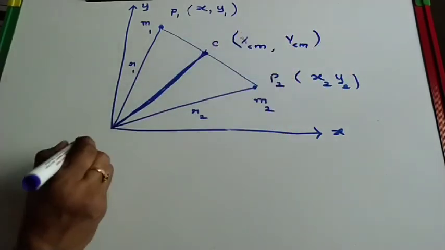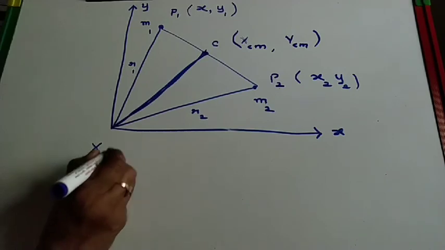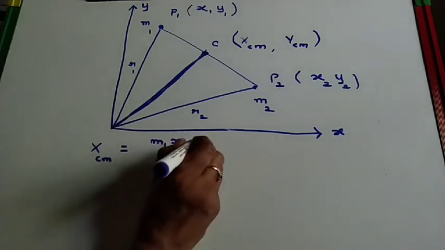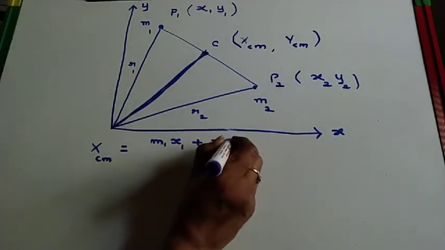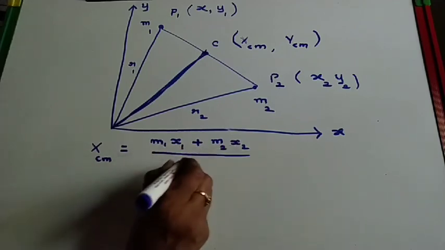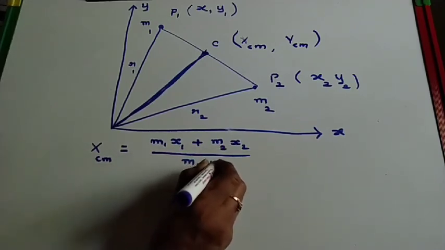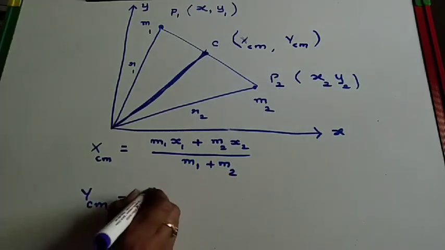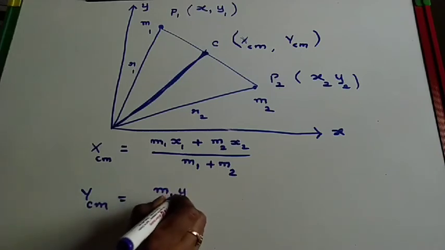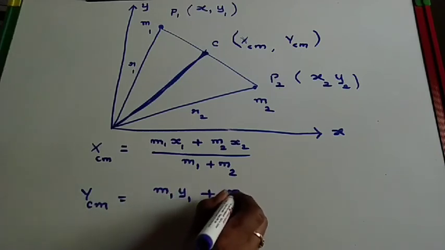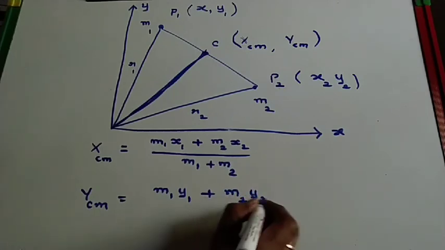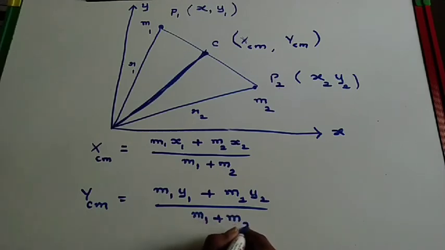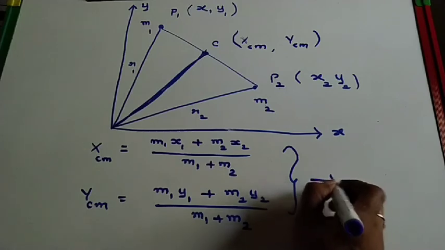Therefore xcm is equal to m1 x1 plus m2 x2 whole by m1 plus m2. Similarly, ycm is equal to m1 y1 plus m2 y2 whole by m1 plus m2. Consider this is equation number 4.